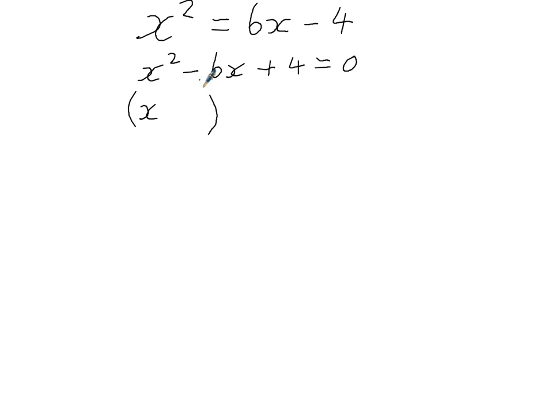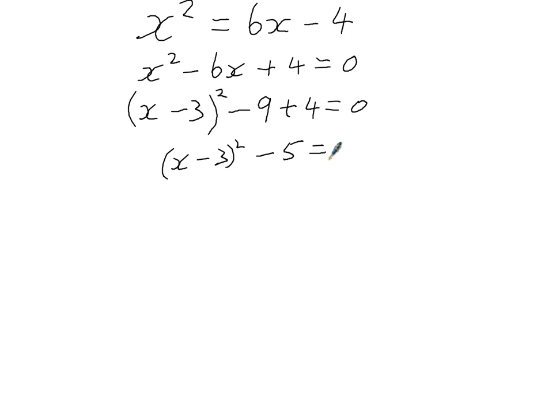That's x minus half of that, so minus 3 squared. When I multiply those brackets out, I would end up with a plus 9, so I need to do a minus 9 plus 4 equals 0. Tidy that up. Minus 5.